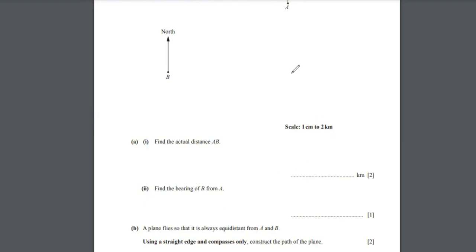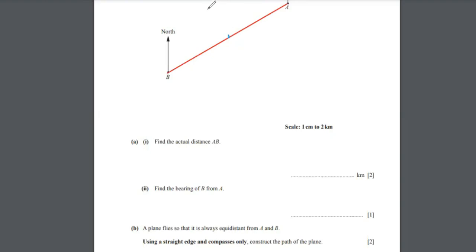This question needs your understanding of loci construction. Okay. You need to find a point which is equidistant from both A and B. So that will be the midpoint of this line. Okay. Midpoint of this line, and a line crossing this midpoint.